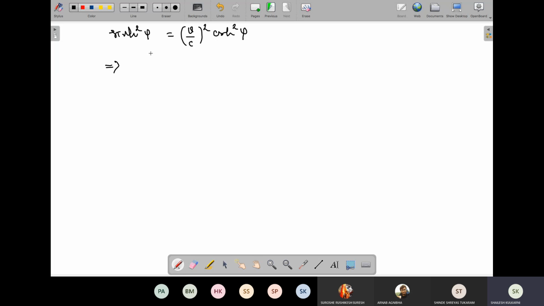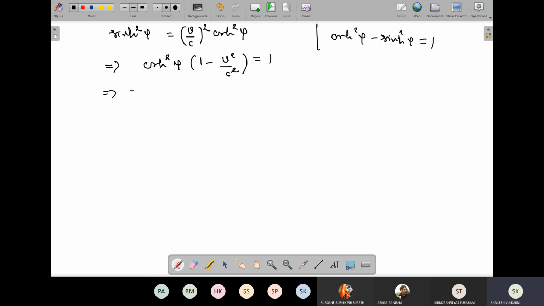So what will be cos hyperbolic? You have cos hyperbolic square phi minus sine hyperbolic square phi equal to 1. So from this you have cos hyperbolic square phi into 1 minus v square by c square equal to 1.